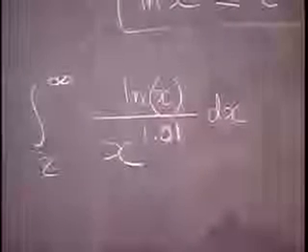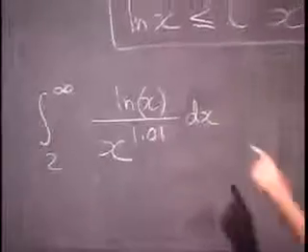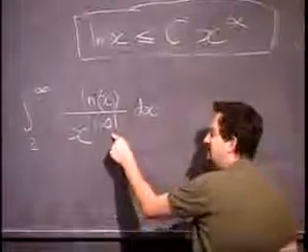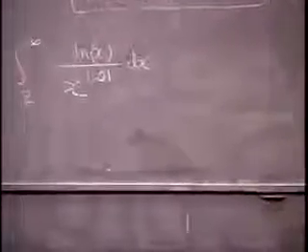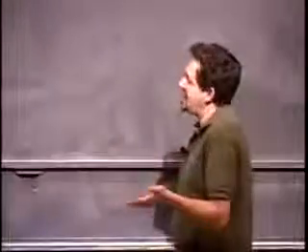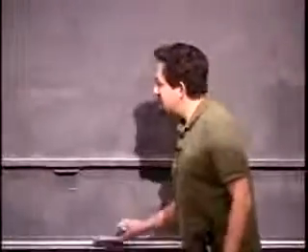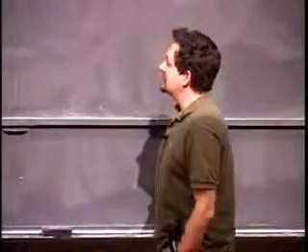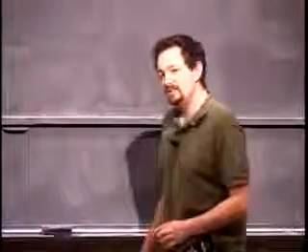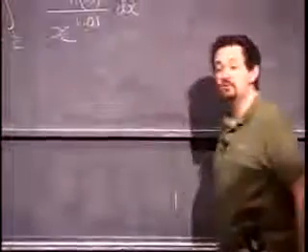Okay, so I want you to think about that. Log x is going to drag that power down, but not very much. In fact, it drags it less than anything that you want. But you need to quantify this. What am I talking about? I need a number that is so small that when I subtract it away from 1.01, I am still bigger than 1.